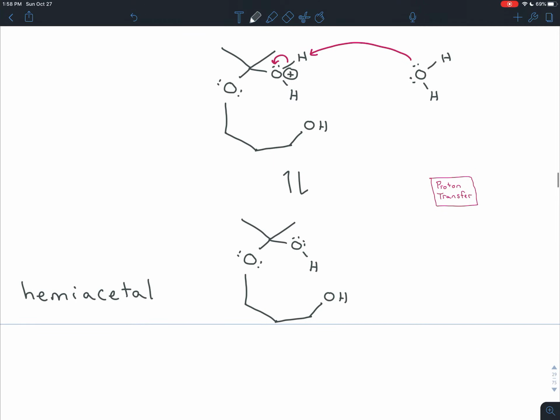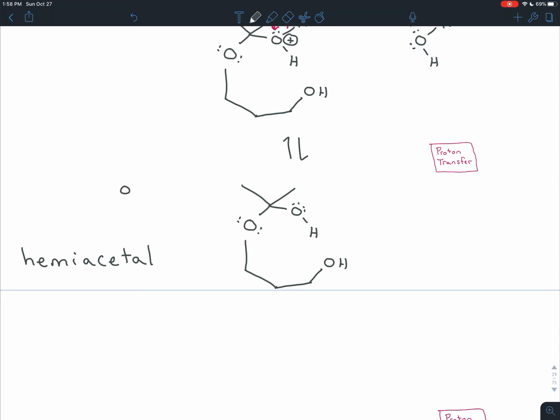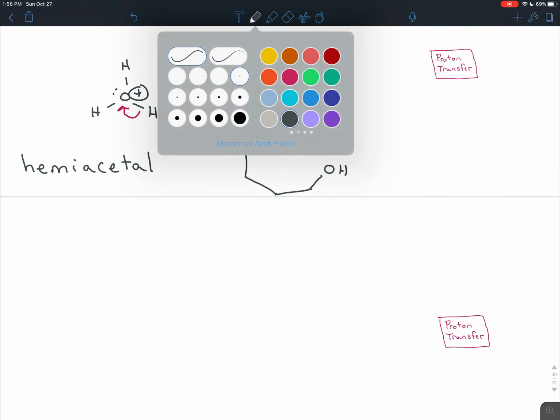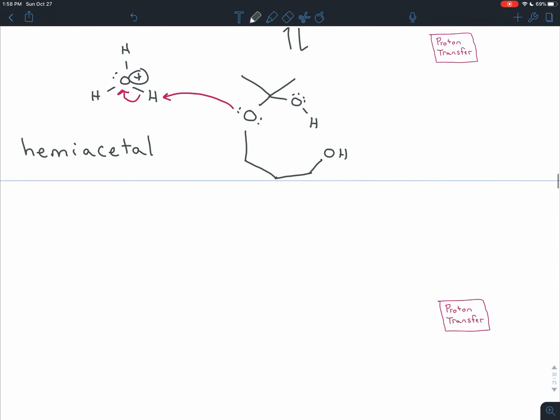It's not a good leaving group right now, so we need to make it a better one, and we can use the acid that we formed in the previous step. We can take that hydronium, and the slightly negative oxygen in the ether can attack one of the slightly positive hydrogens in the acid. The electrons would snap back onto that oxygen to help stabilize its positive charge.